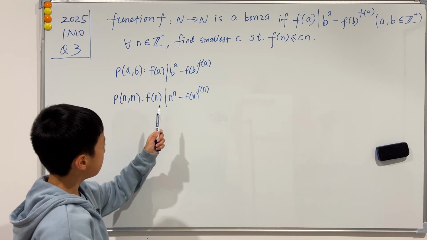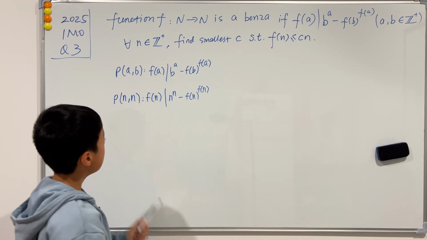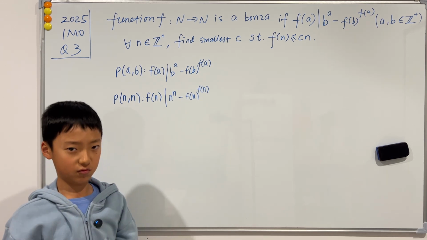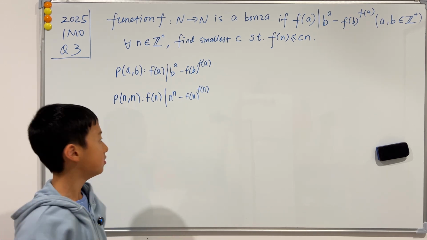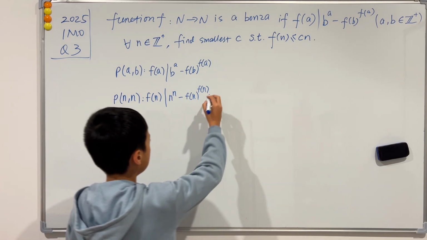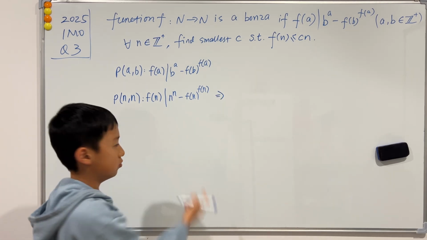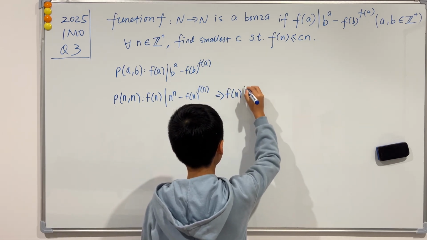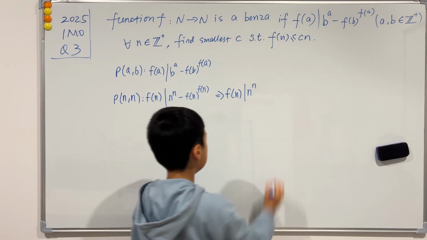Now we know that this must be true, and we know that f(n) must divide f(n)^f(n). It's kind of the definition. So if this is true, then shouldn't f(n) have to divide n^n?